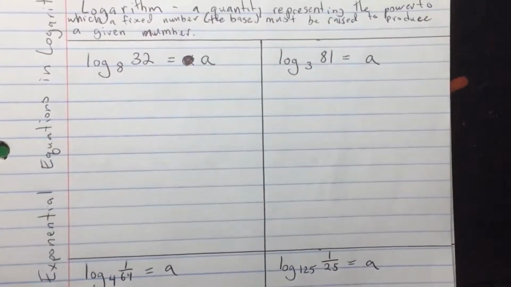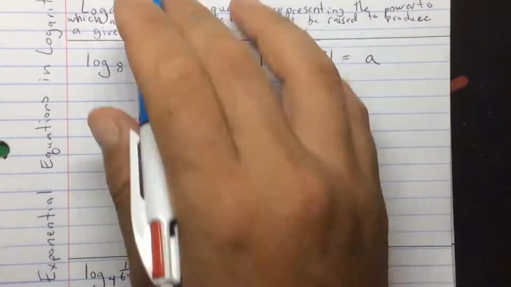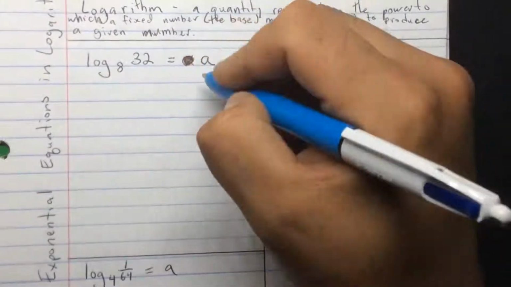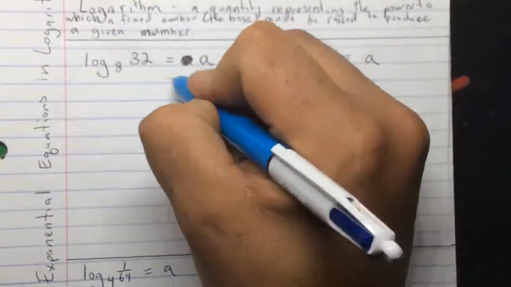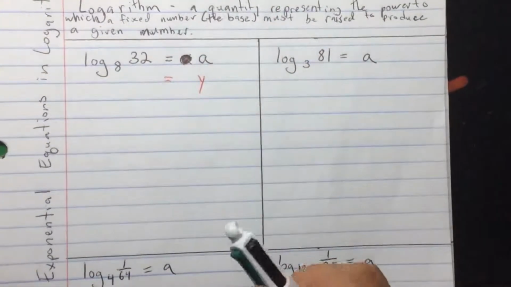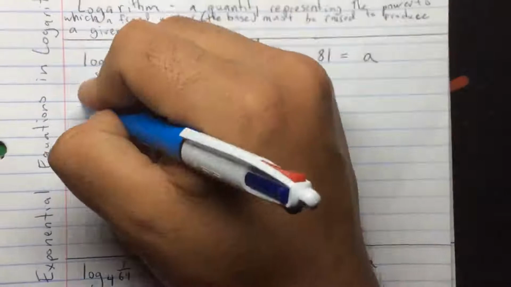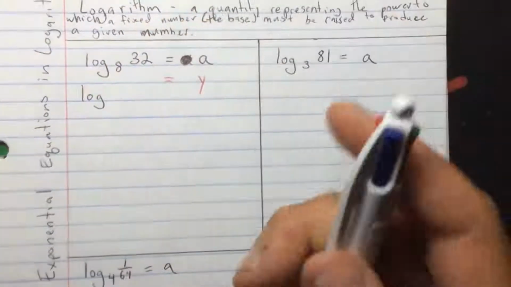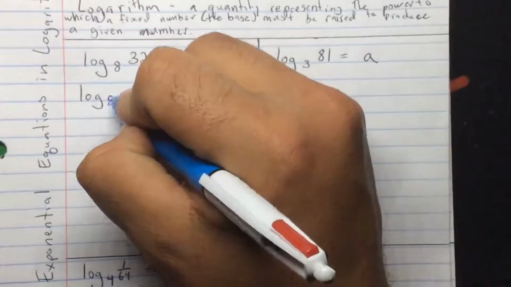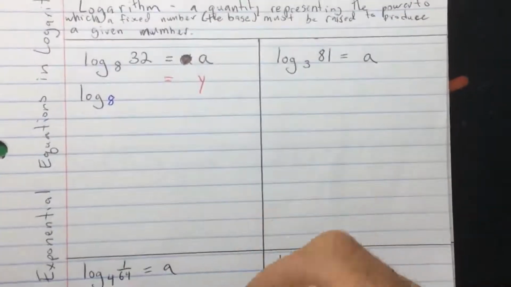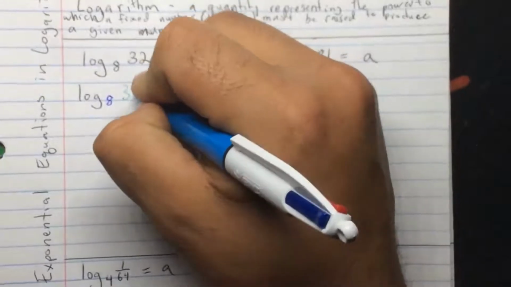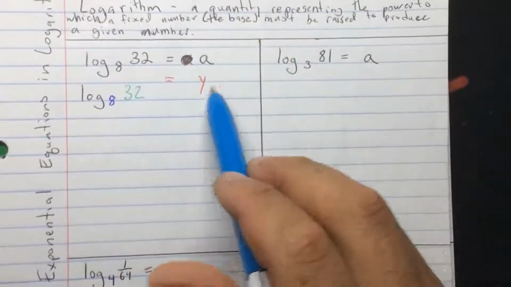Okay, so I guess I can just write down the thing again here. We're going to put the y on this side, because the way I set it up, it had the a on this side, which should be our y. Then we have our log of 8, in blue, and then this is our green 32.